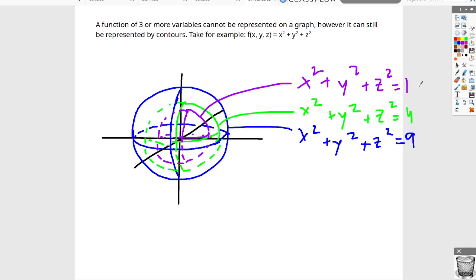I'm using these because these are radius of 1, radius of 2, and radius of 3 respectively, so I don't have to draw super close spheres to each other, but yes, they should get steeper and steeper as you visualize, if you can even visualize in 4D space, right? For any alien that's watching this video right now and can visualize in 4D space, W equals f of x, y, z.